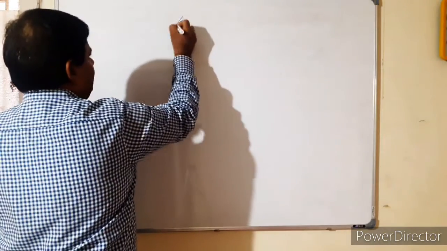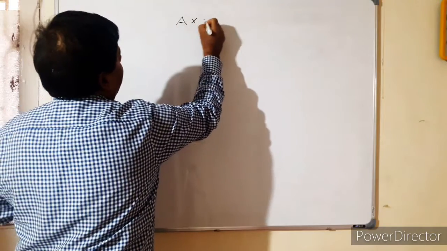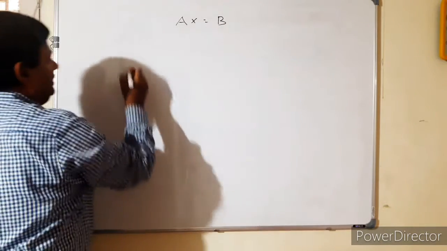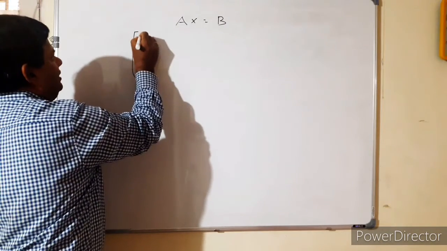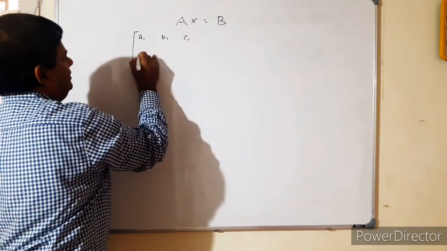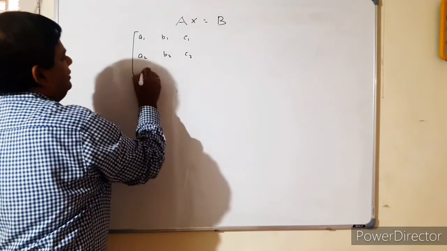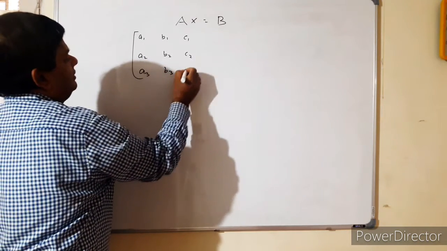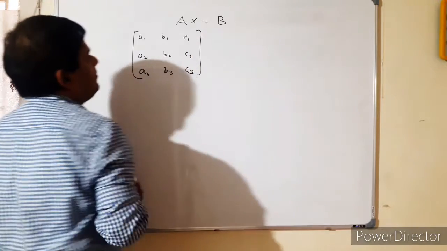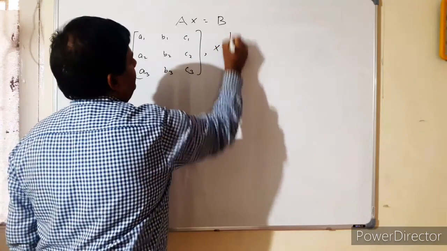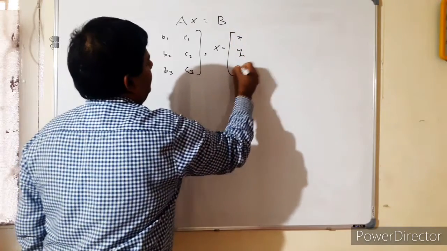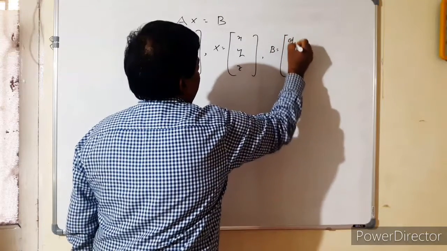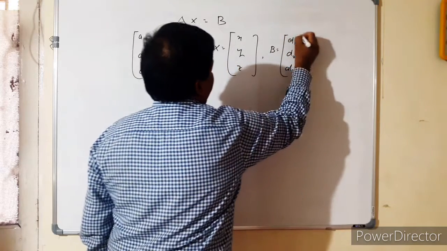You know that AX is equal to B, where A is a1 b1 c1, a2 b2 c2, a3 b3 c3, and X is x, y, z, and B is d1, d2, d3.